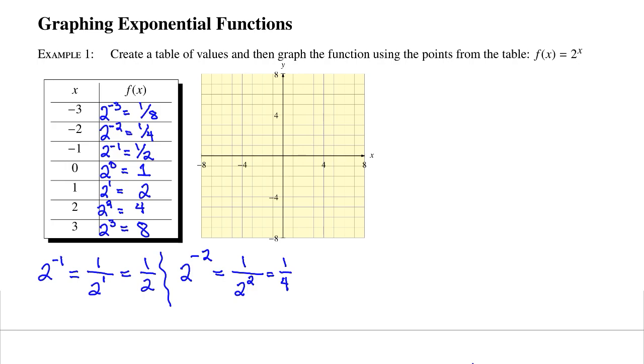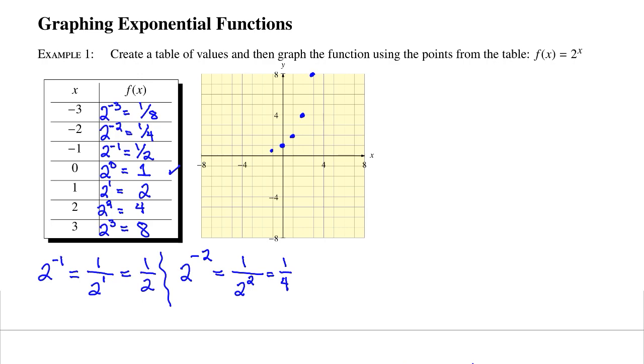So if I plot, let's start with 0, 1. That was this point here. And then 1, 2, 2, 4, and 3, 8. And those are easy to plot. These, not so much. Negative 1 and 1/2, maybe right there.